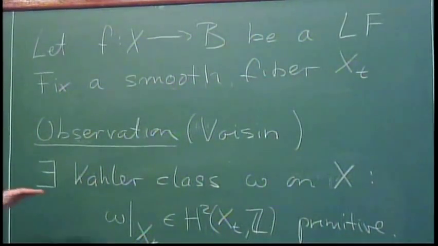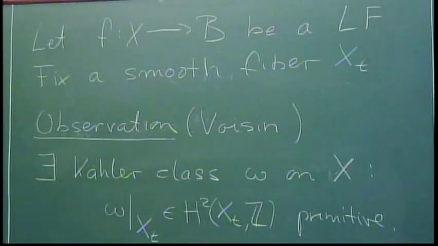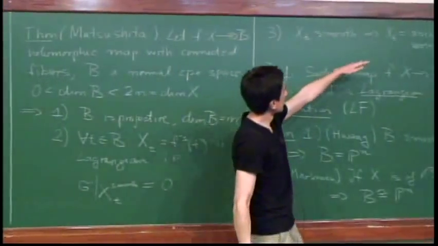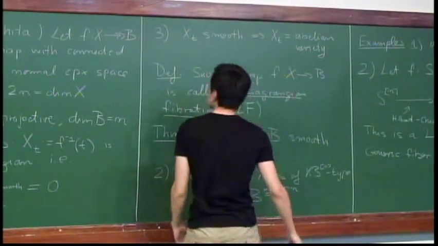And in particular, this is also the reason why the smooth fibers are projective, so indeed Abelian varieties.